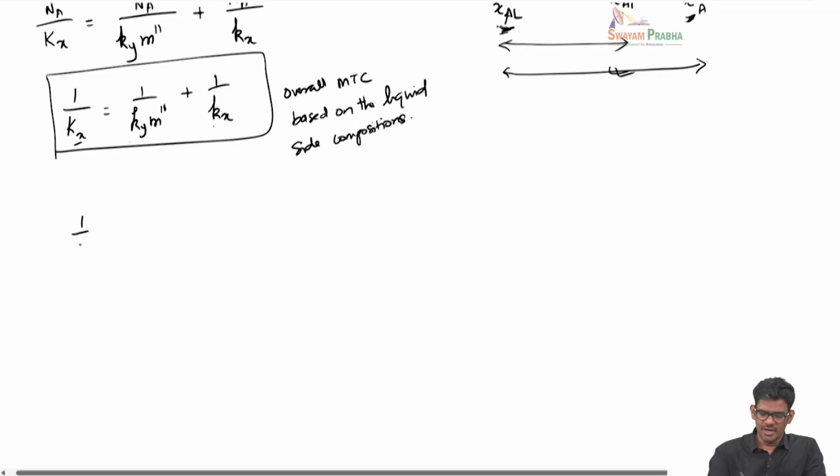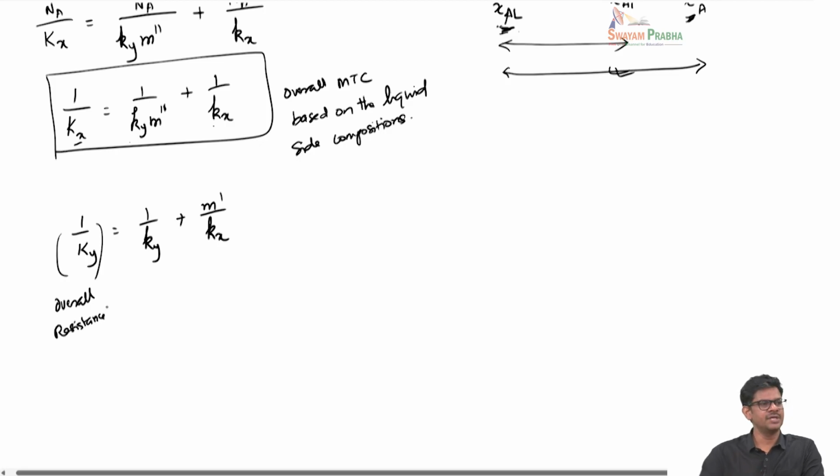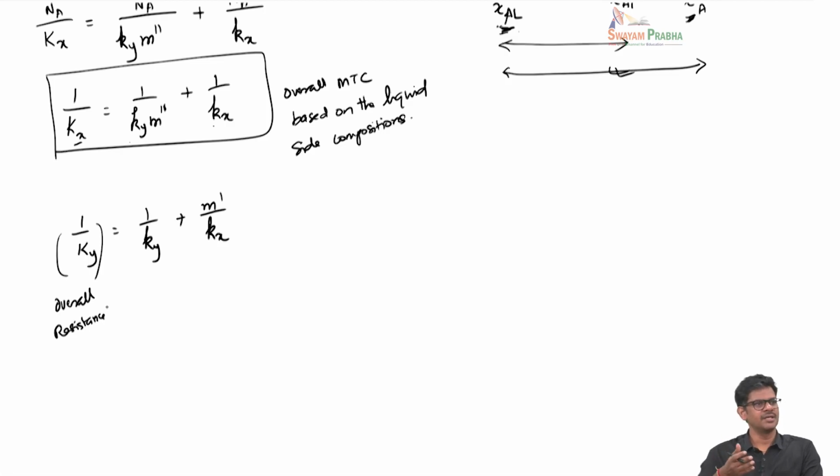So the way I have written 1 by Ky as 1 by small ky plus m prime by small kx, this basically says about overall resistance. This is basically the inverse of the mass transfer coefficient. In heat transfer, you would have defined this 1 by capital U, which is the overall heat transfer coefficient.